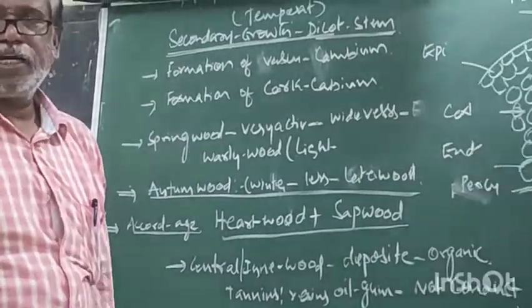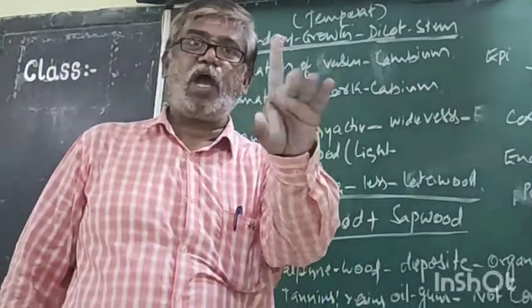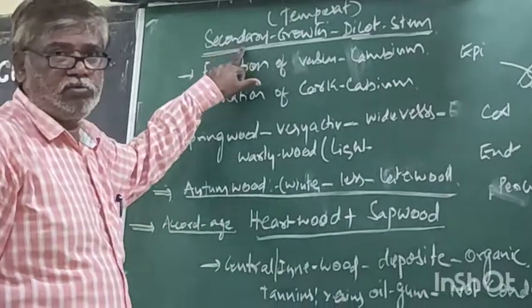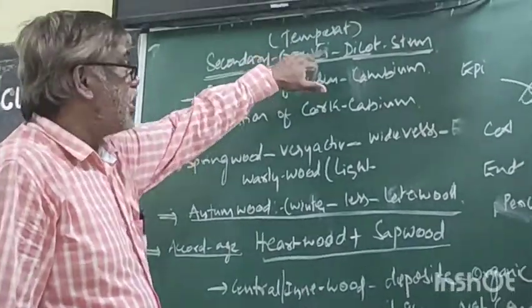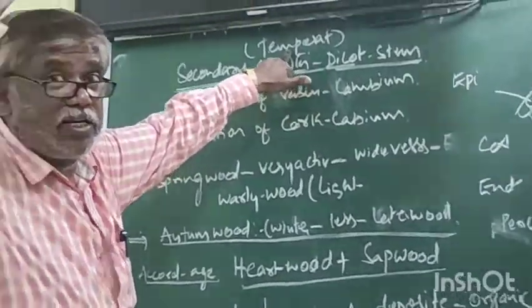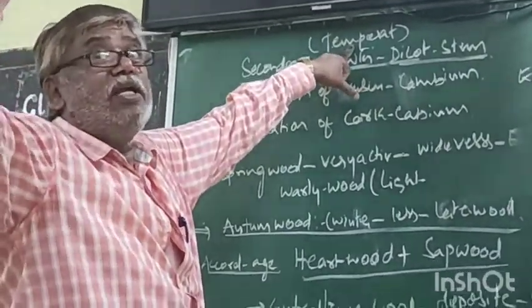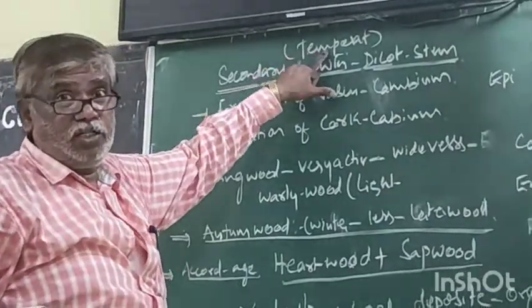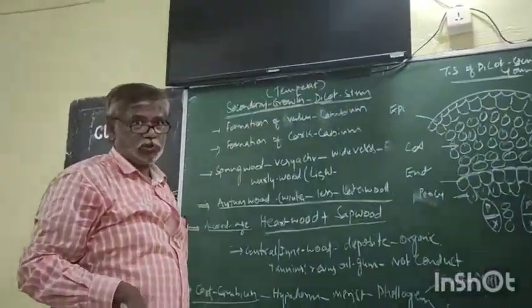There is no secondary growth in monocots due to the absence of cambium. Here the cambium is there. The secondary growth in dicot stems occurs only in temperate regions. The dicot plants present in the temperate region show secondary growth.